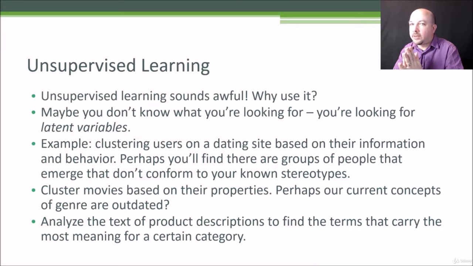And you might find that the clusters that emerge don't conform to your predisposed stereotypes. Maybe it's not about college students versus middle-aged people or people who are divorced and whatnot, or their religious beliefs. Maybe if you look at the clusters that actually emerge from that analysis, you'll learn something new about your users and actually figure out that there's something more important than any of those existing features of your people that really count toward whether they like each other. So that's an example of unsupervised learning providing useful results.